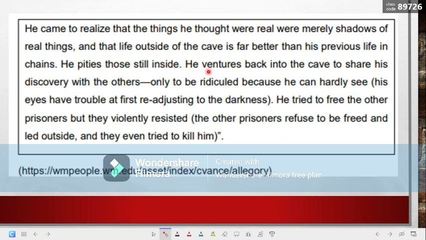He ventures back into the cave to share his discovery with the others, only to be ridiculed because he can hardly see. His eyes have trouble at first readjusting to the darkness. He tried to free the other prisoners, but they violently resisted. The other prisoners refused to be freed and led outside, and they even tried to kill him.